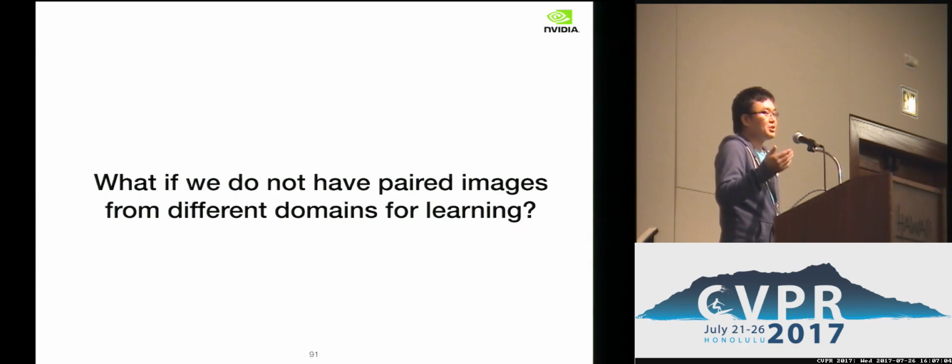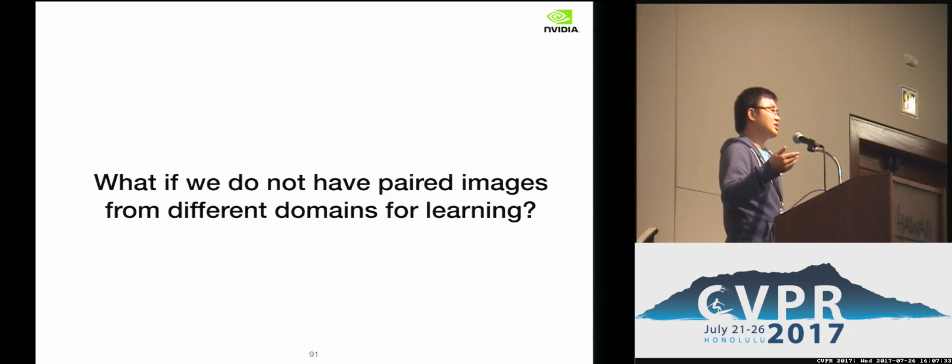But the more interesting case is what happens if we don't have paired images. Capturing corresponding images sometimes could be costly. For winter and summer, you have to set up a camera, remember the place, and take it again, like half a year later. For some attributes, you have to physically alter the appearance of a human. Say you want to color the hair. So this can be quite cumbersome.